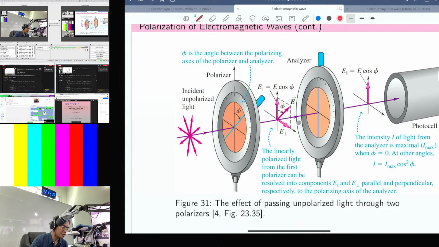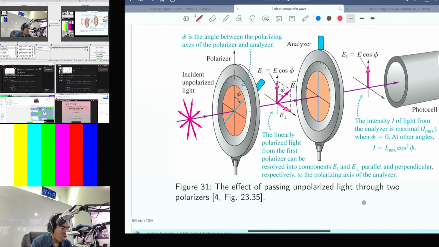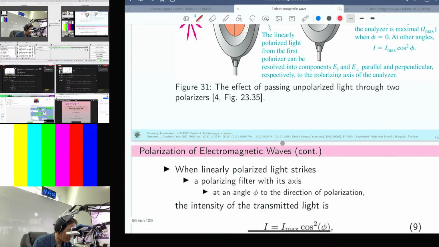But E perpendicular is not meaningful, because it's going to be perpendicular to the vertical line. Okay, this is the effect of passing unpolarized light through two polarizers.